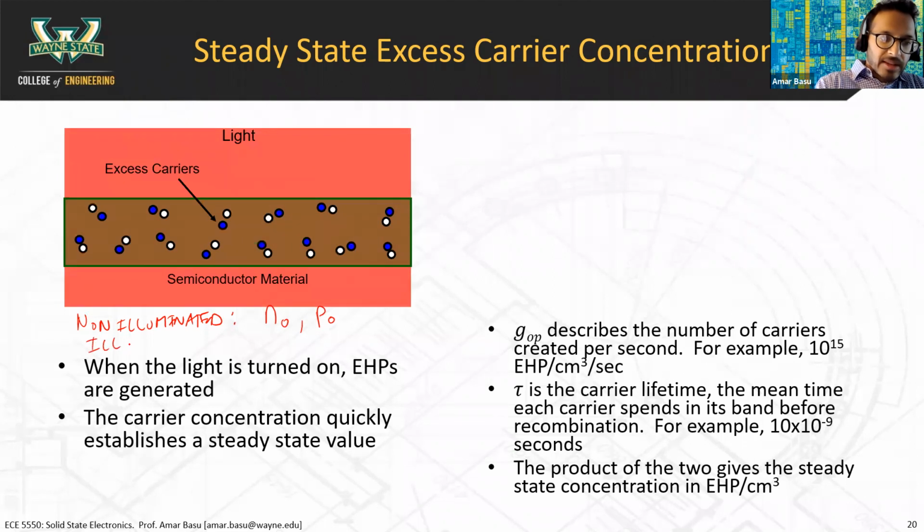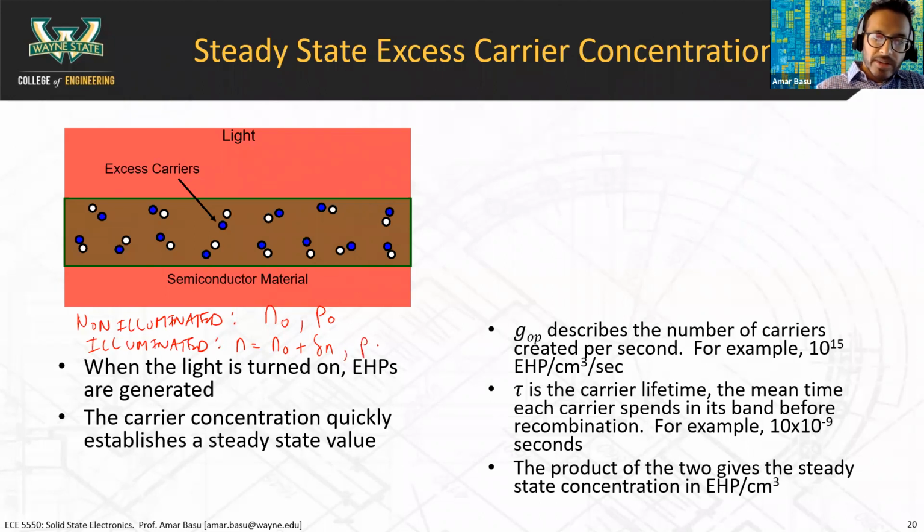So we can say in the illuminated semiconductor, we generate an excess set of carriers. Now the electron concentration N is going to be equal to N0, which was the initial amount when it was non-illuminated, plus delta N. That delta N is the excess electron concentration.